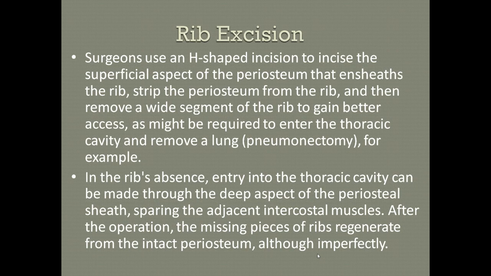In the rib's absence, entry into the thoracic cavity can be made through the deep aspect of the periosteal sheath, sparing the adjacent intercostal muscles. After the operation, the missing piece of the rib regenerates from the intact periosteum, although imperfectly.